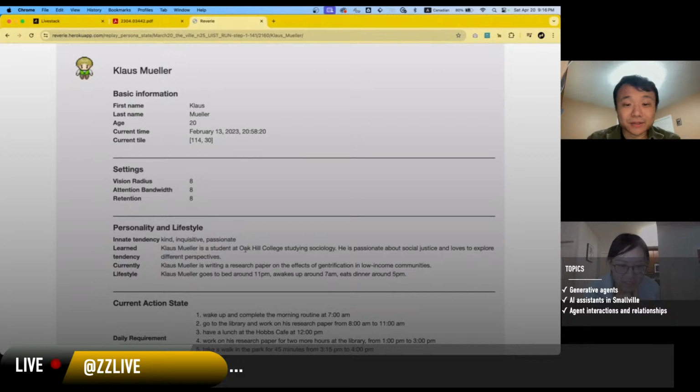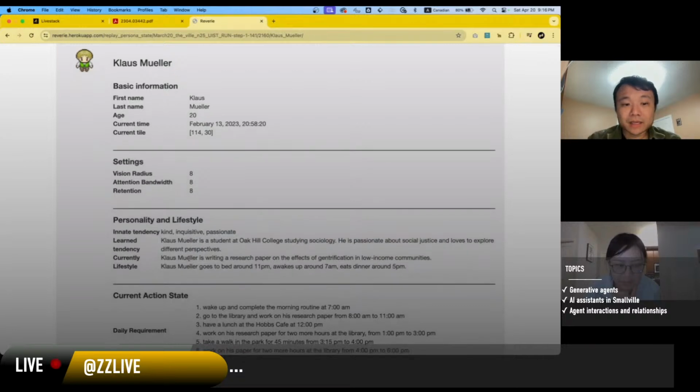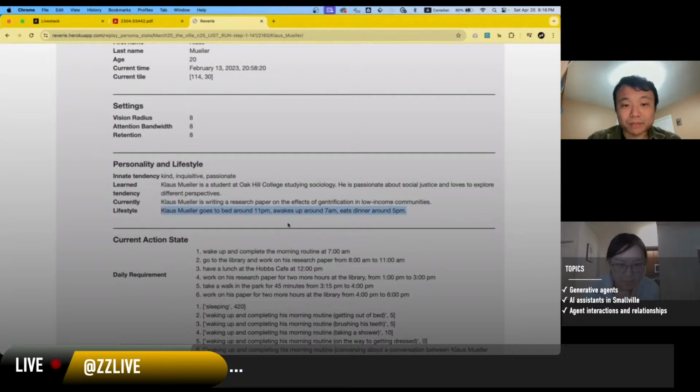Learned tendency: student. I don't know what learned tendency is. I think this is still provided. He's a student at Oak Hill College studying sociology. He's passionate about social justice and loves to explore different perspectives. Currently writing a research paper, goes to bed around 11, wakes up at 11, and so on.